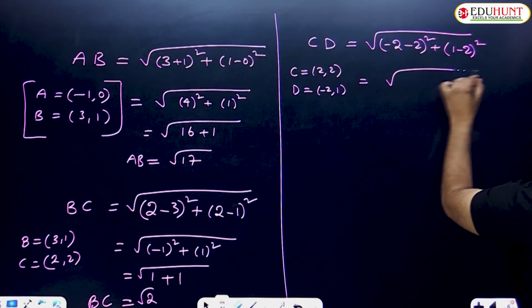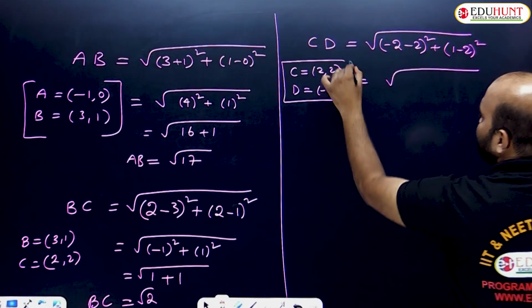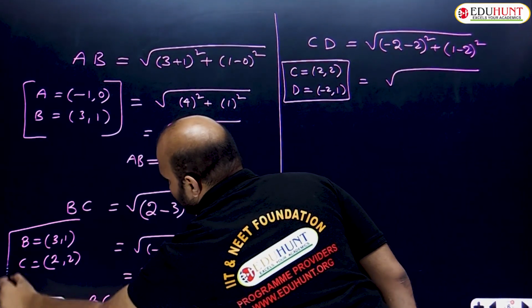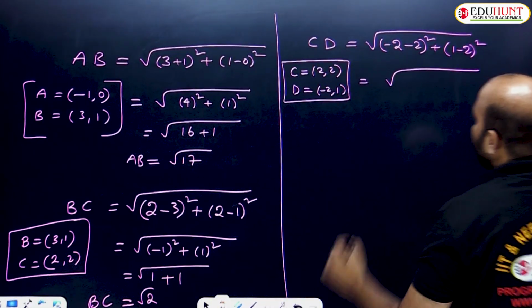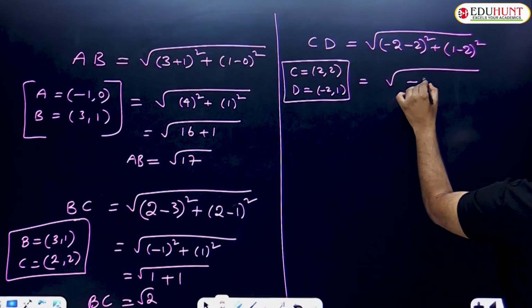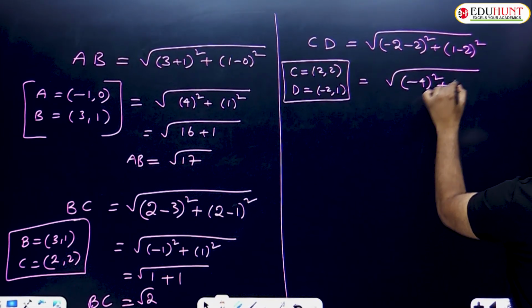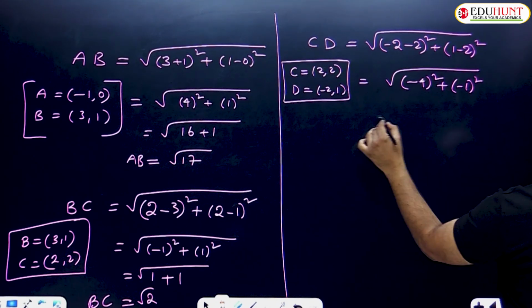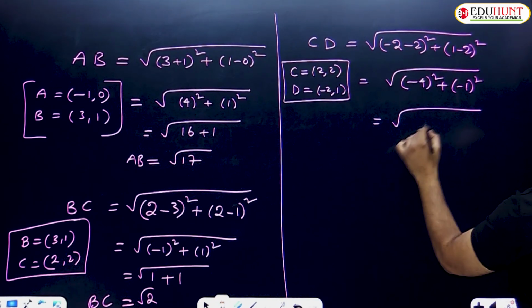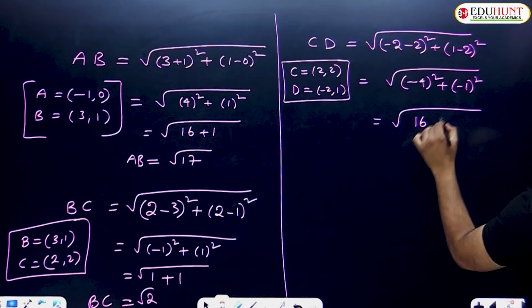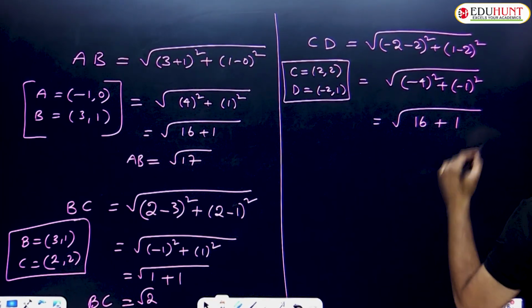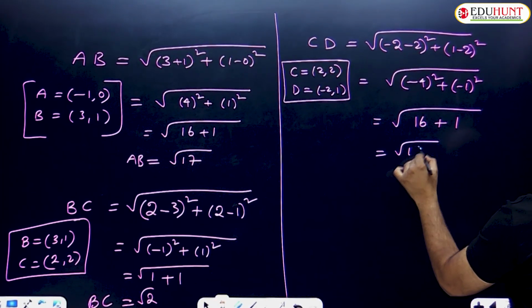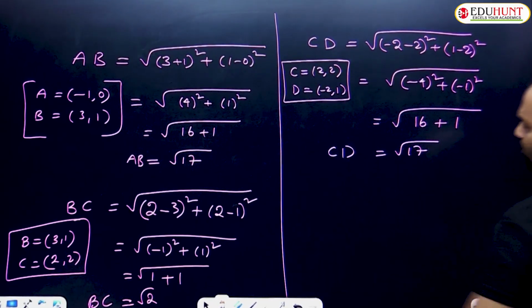So it can be written as -2 minus 2, that is -4 whole square, plus 1 minus 2, that is -1 whole square. Minus 4 whole square gives positive 16, minus 1 whole square also gives positive 1. So what is the value? Root 17. That is the CD distance.